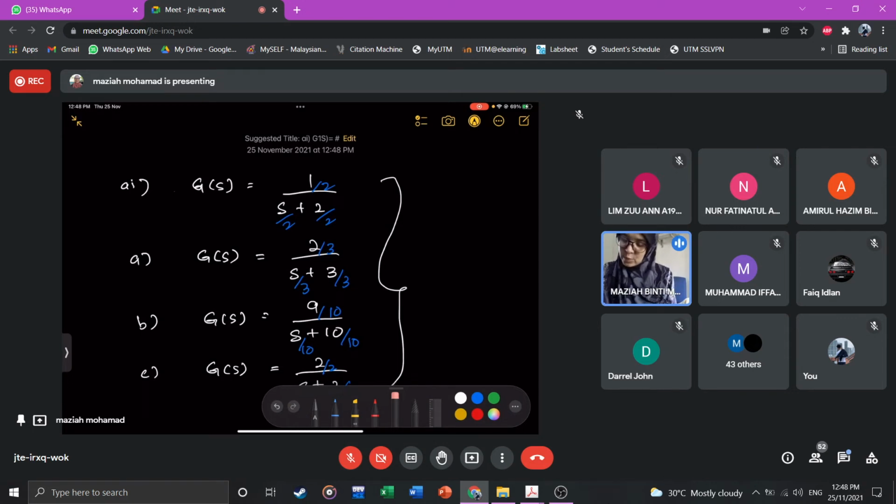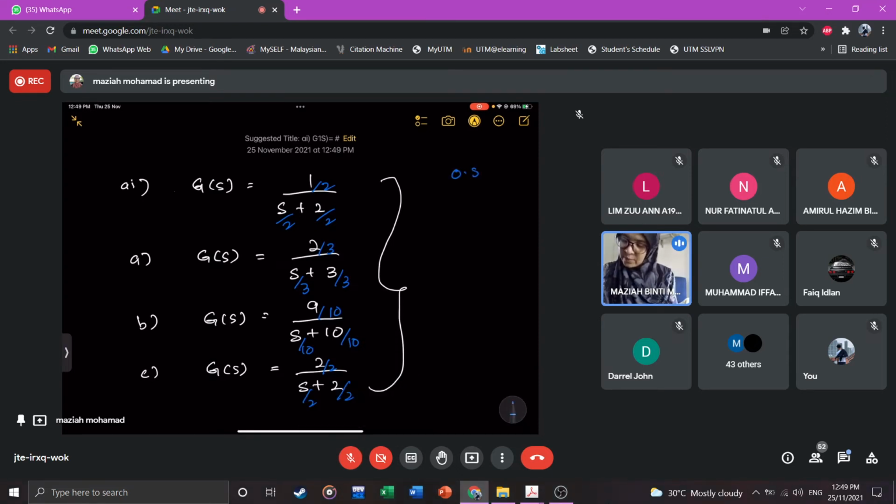Okay, so the new closed loop transfer function will become 0.5 over 1 plus 0.5 S. Right? And this one here will become 0.67 divided by 1 plus 0.33 S, 1/3, right?